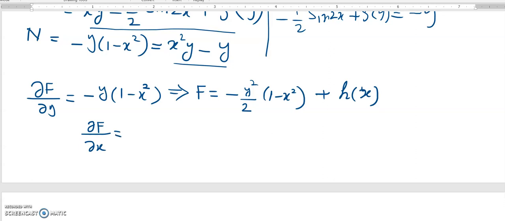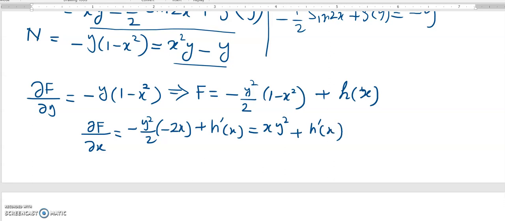In this case it will be minus y square over 2 into minus 2x, okay, with respect to x. 0 minus, that is 2x, and then it will be h prime of x. So if I simplify it, 2 cancels with 2, minus minus plus, so it will be xy square plus h prime of x.